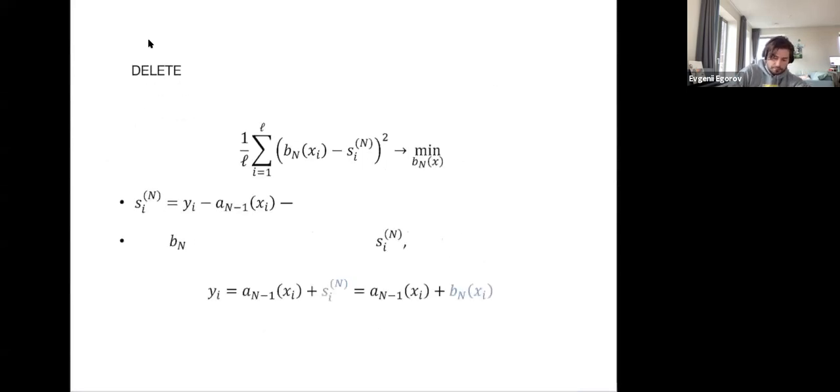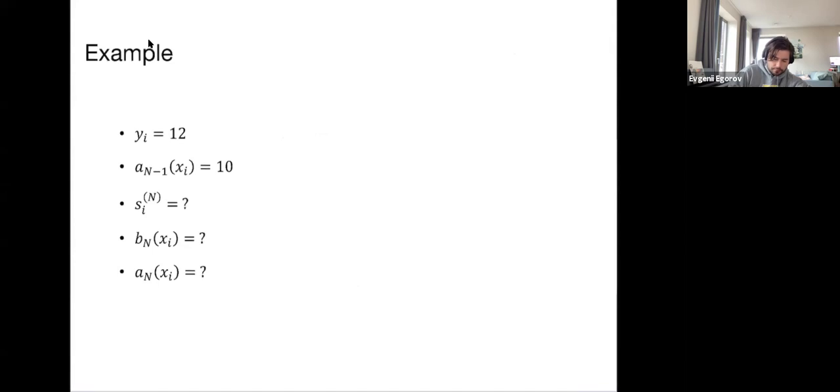Yep. So okay, we could also have a simple example. If this guy is 12, this guy is 10, so the residual will be 2. This will be plus 2. And the overall output should be 12. Yeah.